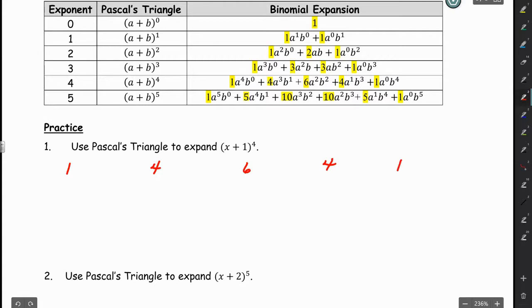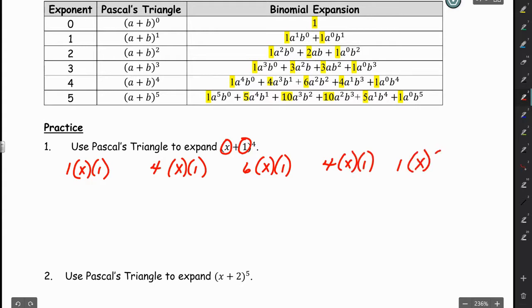And we know that we're going to be applying exponents to x and to 1. So I'm just going to write those out here: x and 1, x and 1, x and 1, x and 1, x and 1, plus between.